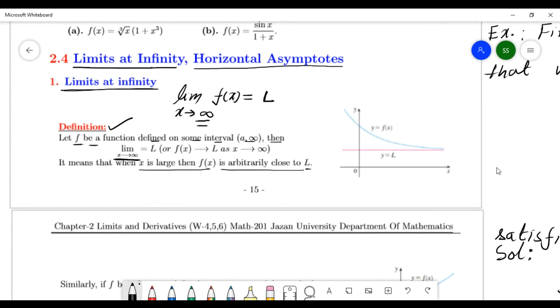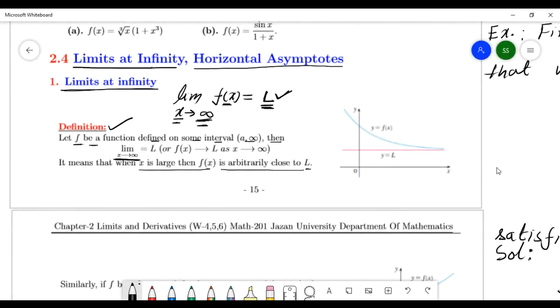This means what? See this, this is the output. When x is close to infinity, then this function f of x is close to L.